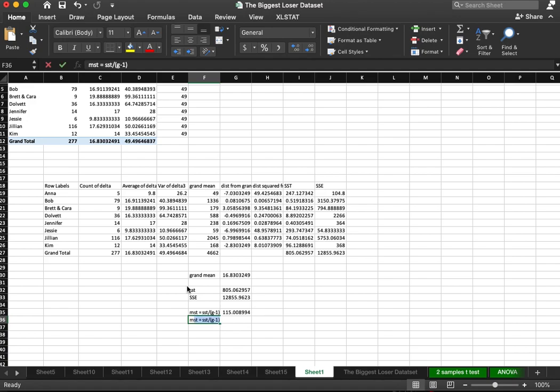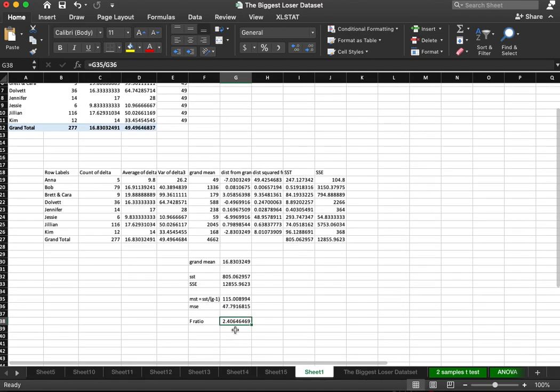And my mean squared error is equal to this number divided by my big N minus my groupings, and there are 8 groups. Perfect. That means my F ratio is this divided by this.